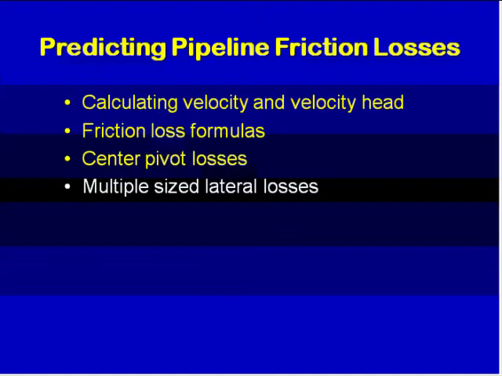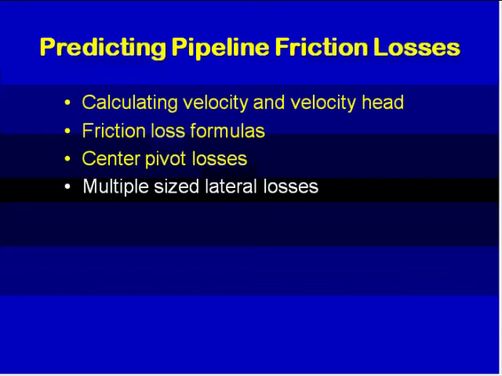That previous example was based upon having one pipeline size in the center pivot. Because there are different sizes available, one of the ways in which people deal with excessive friction loss in the center pivot itself is to put multiple size pipelines on the pivot itself.